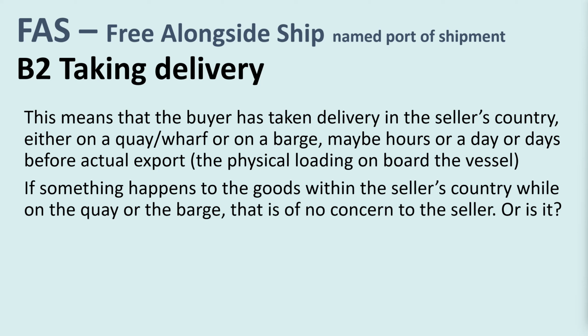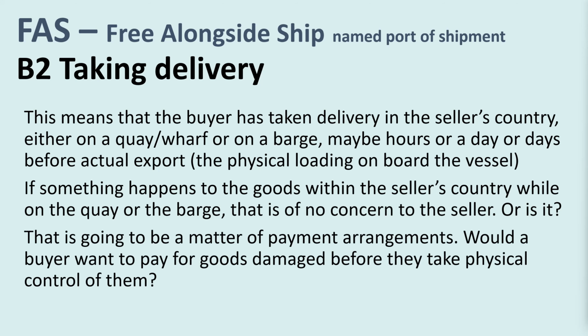If something happens to the goods within the seller's country while on the quay or the barge, that's of no concern to the seller. Or is it? That's going to be a matter of payment arrangements. Would a buyer want to pay for goods damaged before they take physical control of them?